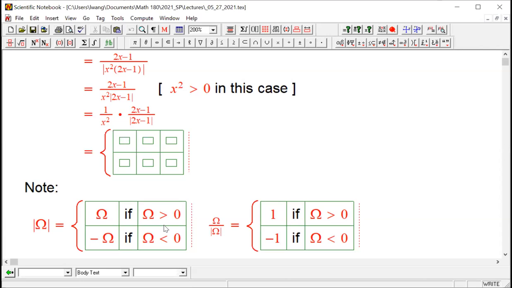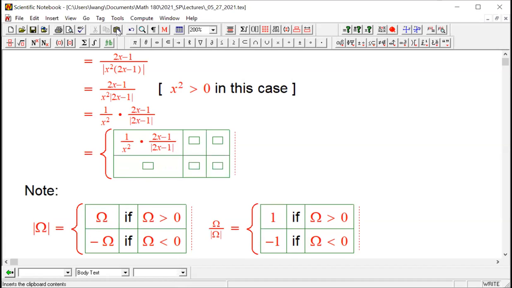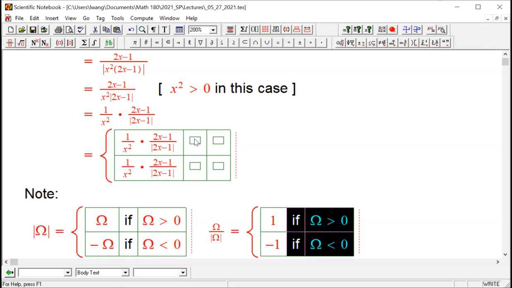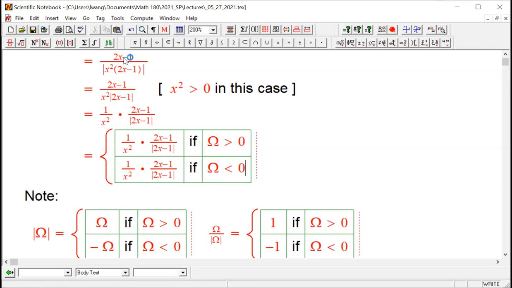Each piece is going to be like that. We're going to come back to simplify. And what is our omega? You guys see that? Be picky about my work.